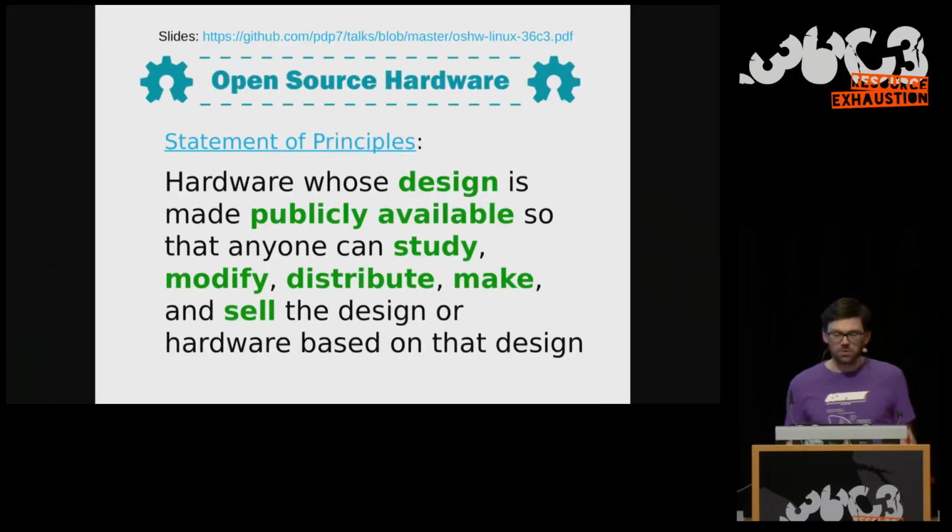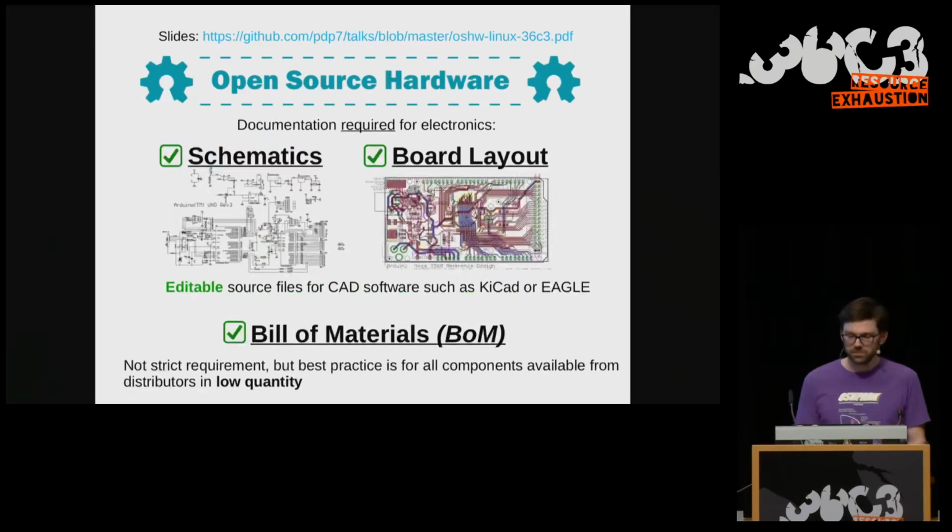So open source hardware is hardware whose design is made publicly available so that anyone can study, modify, distribute, make, and sell the design or hardware based on the design. This is a definition that we came up with about 10 years ago at an event called the Open Hardware Summit. People that were making hardware projects got together and tried to come up with a definition of what we wanted it to mean.